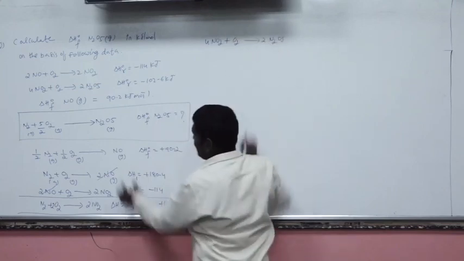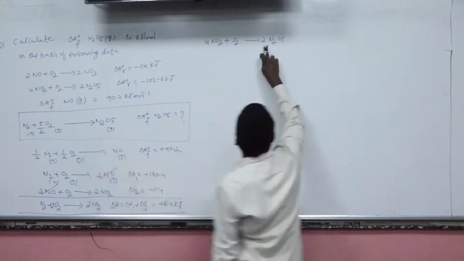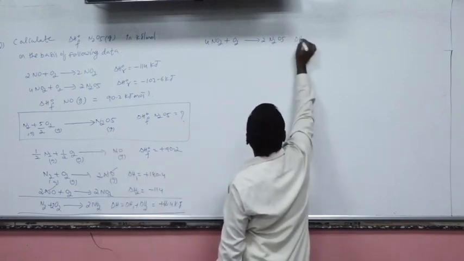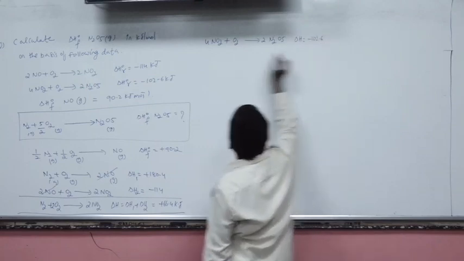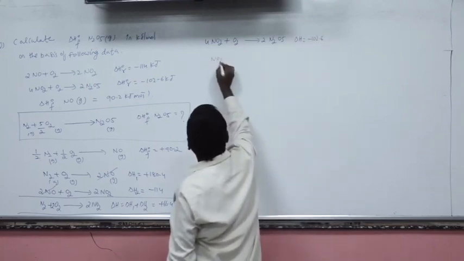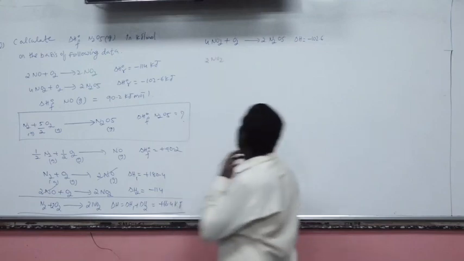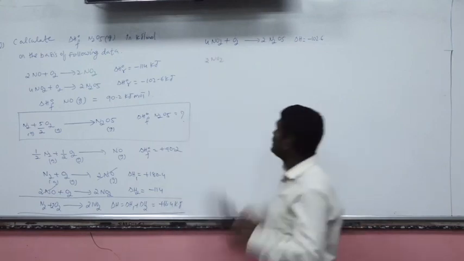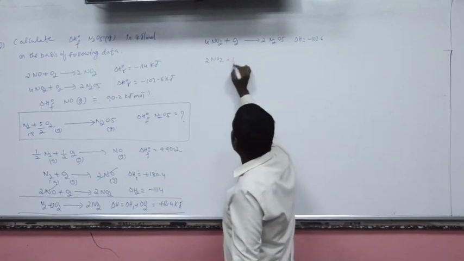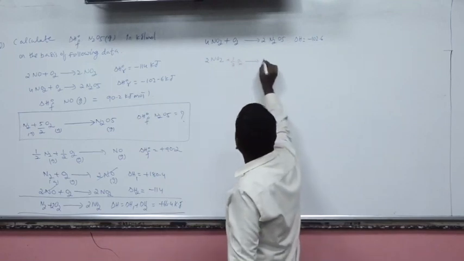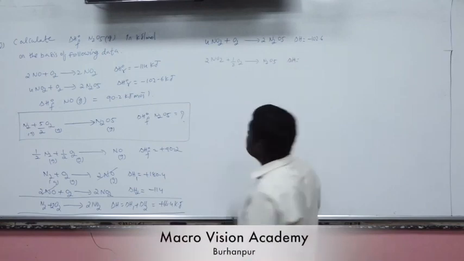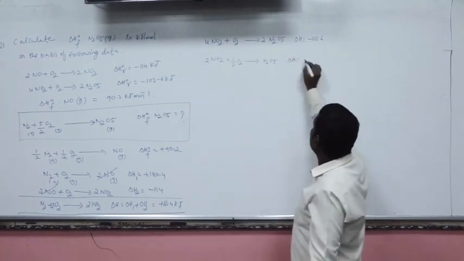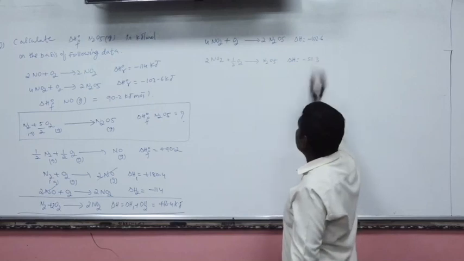I need only 1 mole of N2O5, but I have 2 moles of N2O5. The delta H value given to you is minus 102.6. What I am doing, I am dividing by 2 or multiplying with 1 by 2 on both sides. Isn't it? Now here minus 51.3.